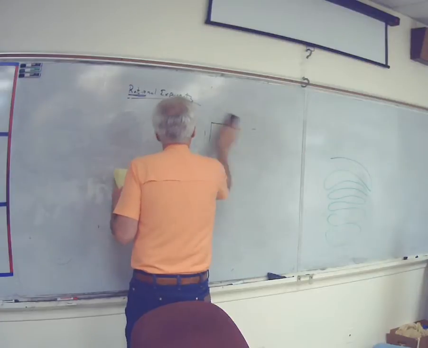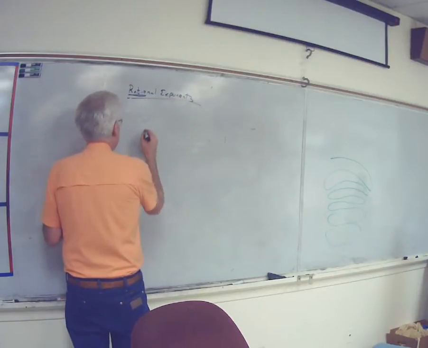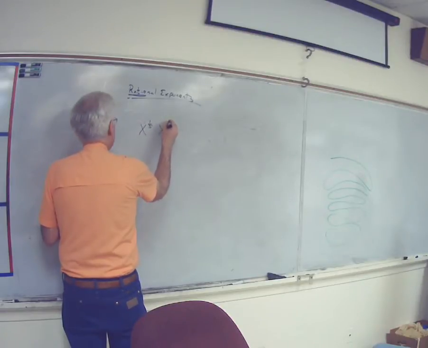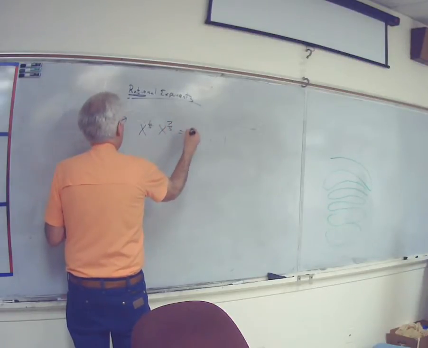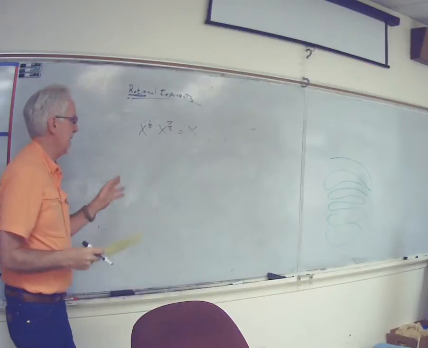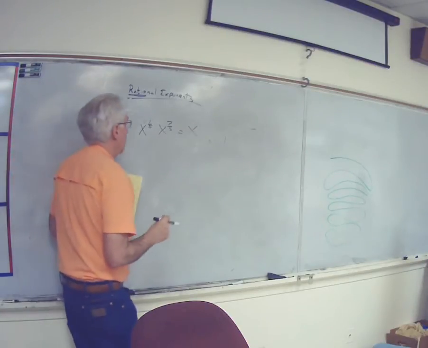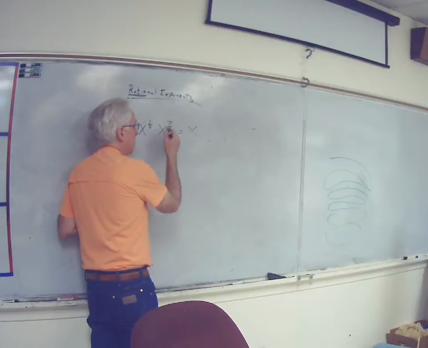So let's do some real examples. Let's say I have x to the 1/5 times x to the 7/5. That would be x to the what? Don't tell me the answer, tell me the step. What do I do with those? You add.